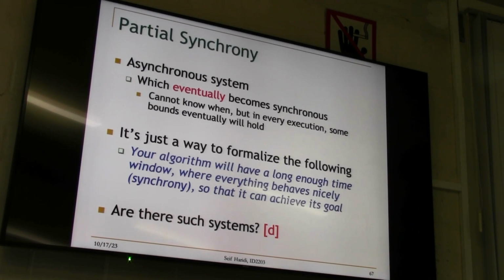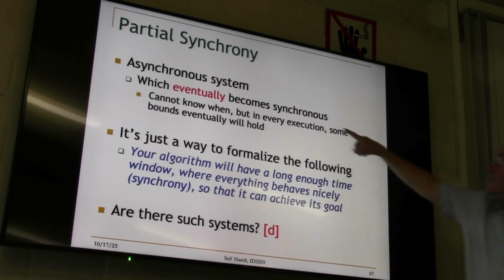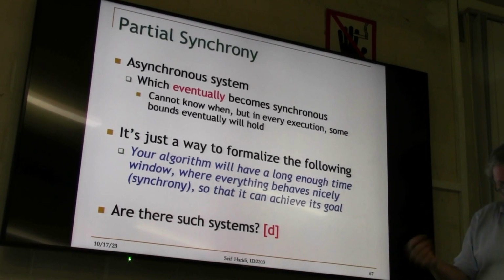This is a better description. It starts being asynchronous. That means when you start running your program, you don't know what the message time is, but eventually there will be a bound.